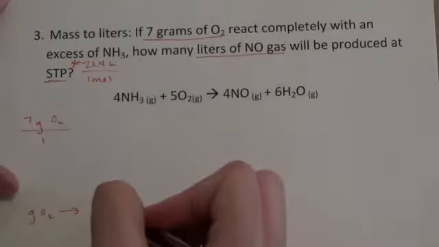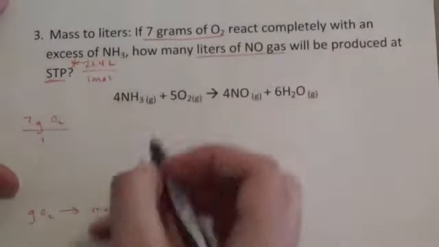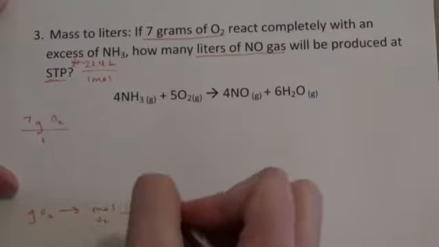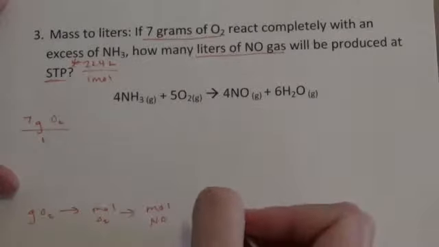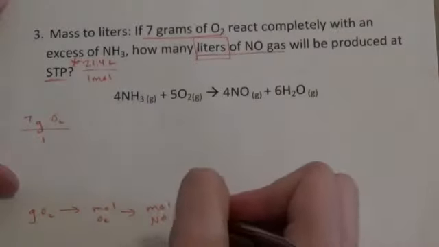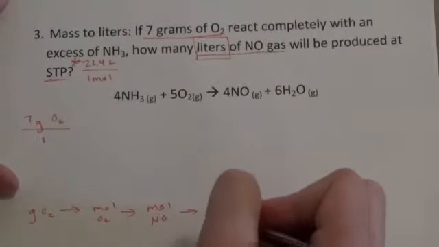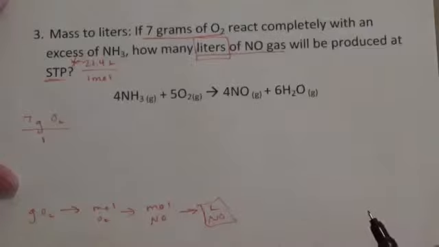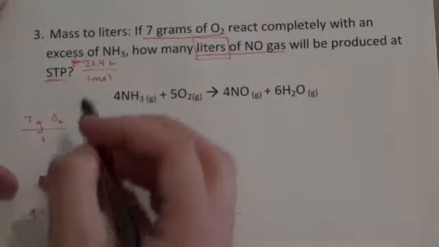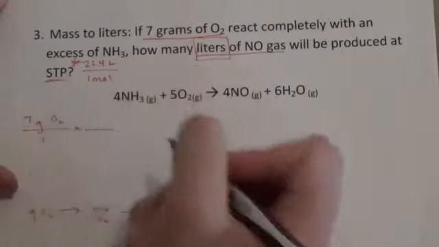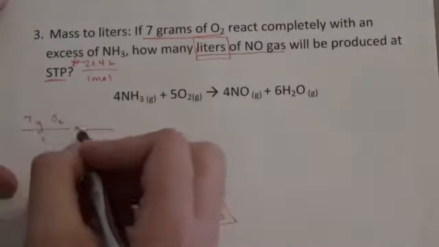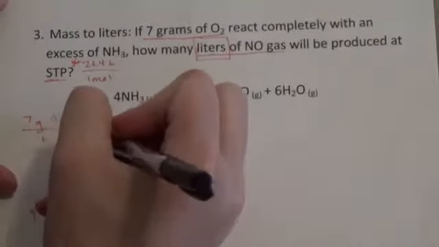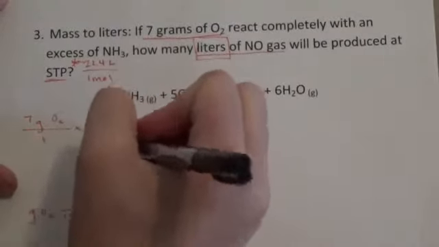So moles of oxygen, and since we're trying to find NO gas, we're going to be going to moles of NO, and then because more specifically you're going to want the liters, we're going to go from moles to the liters of NO, and that's where we want to be. Okay, so we're starting with the 7 grams of oxygen, and you know that in 1 mole of oxygen there's going to be 32.00 grams.